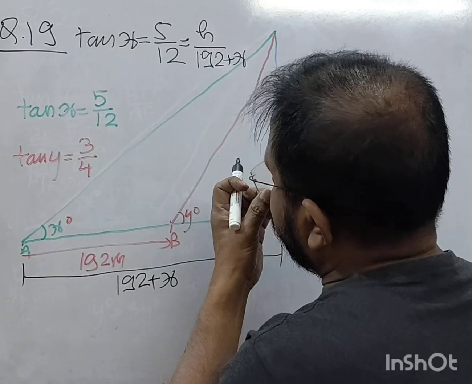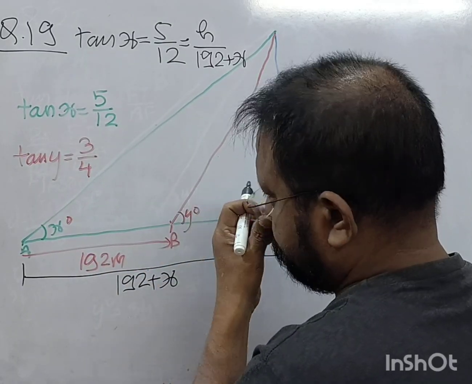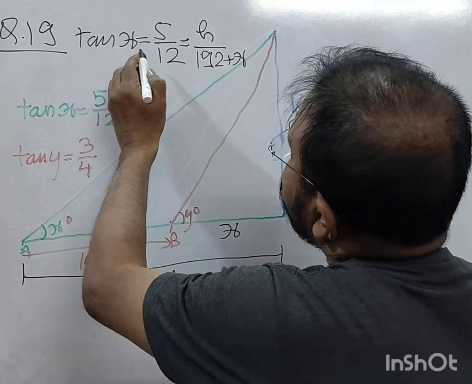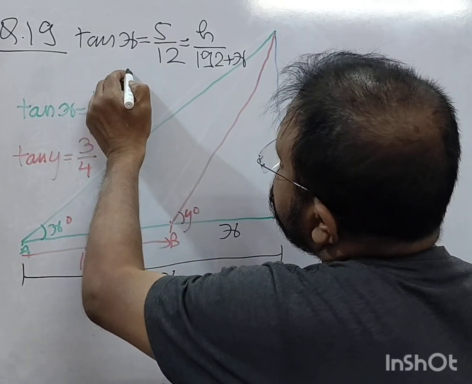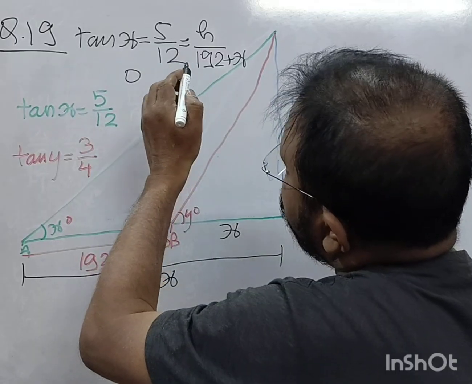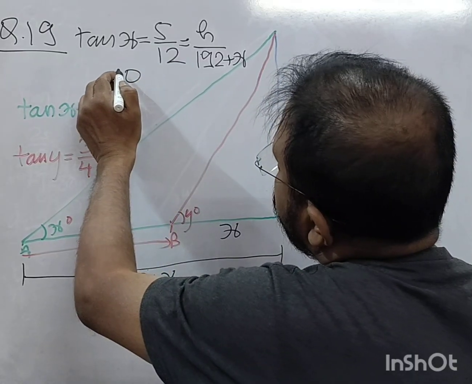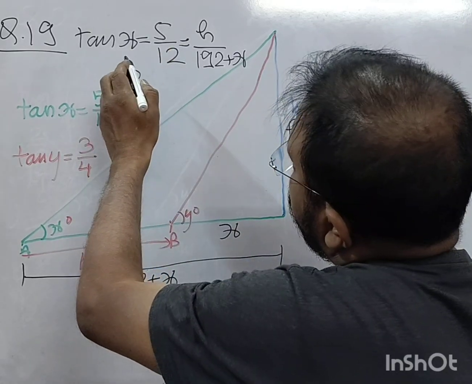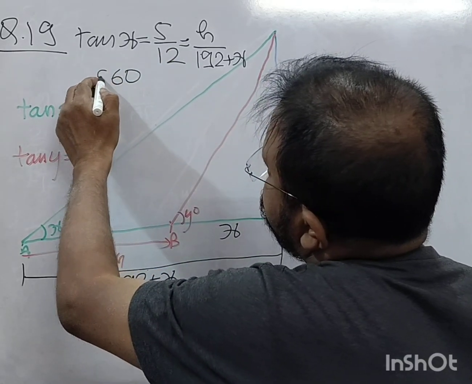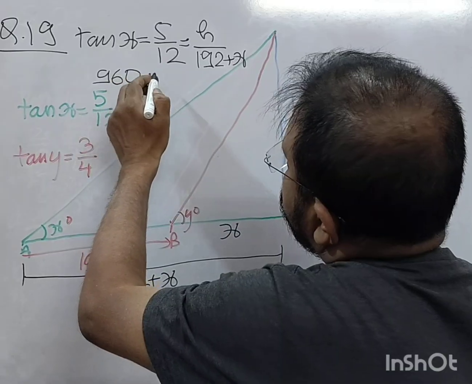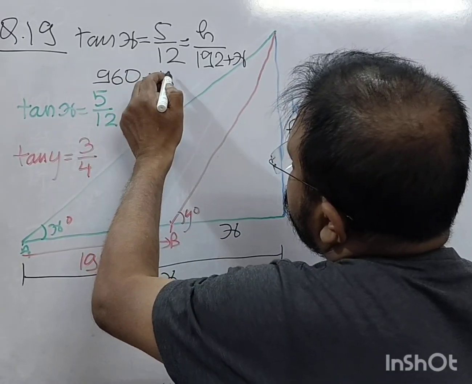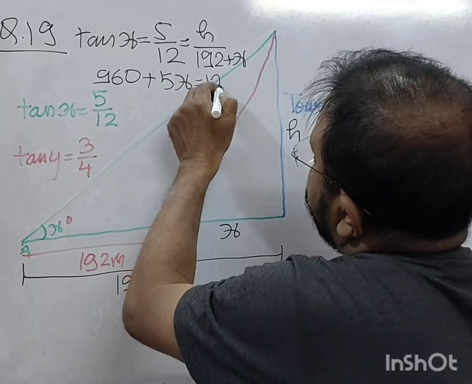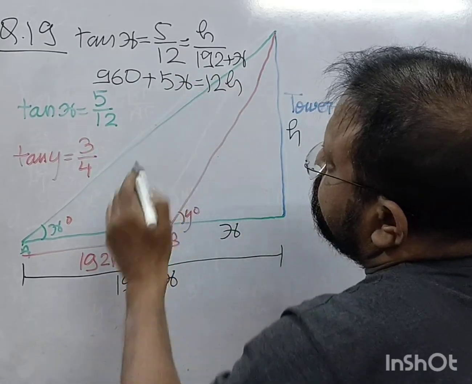So when we cross multiply it, how much do you get? 5 times 2 becomes 10, 0, 1 carry, 9 times 5 becomes 45, 46, 4 carry, 1 times 5 becomes 5, and 4, 9, 960 plus 5x is equal to 12h, right?